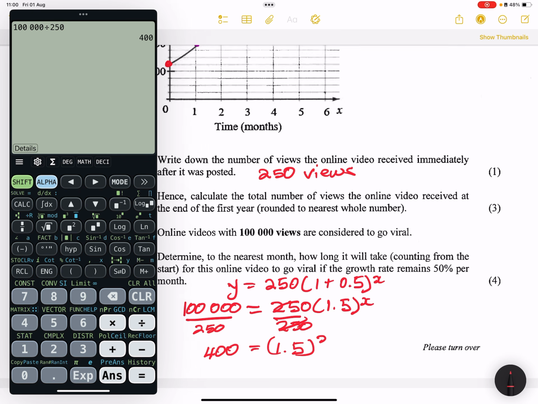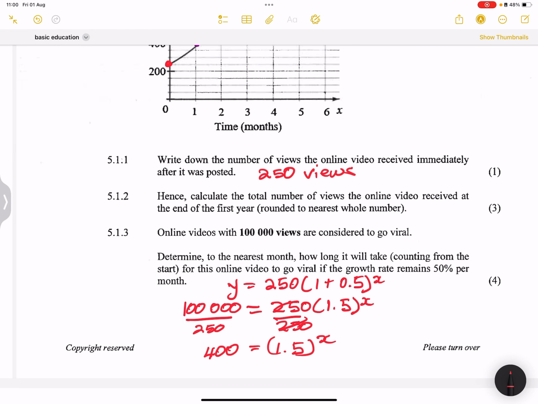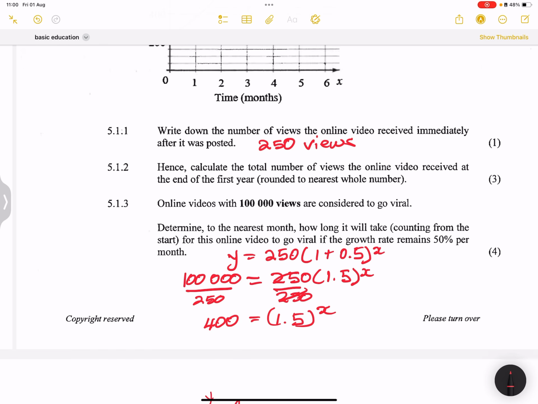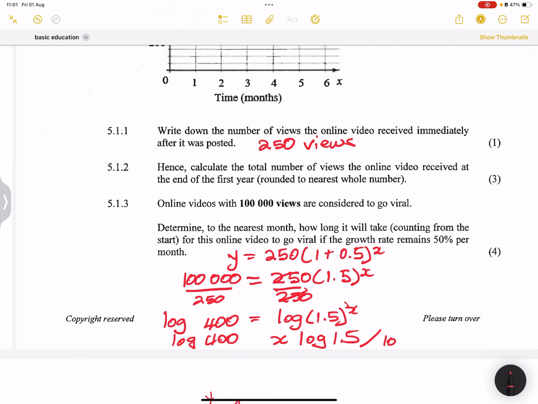If I want to find out what the value of x is, what am I going to do? Introduce logs on both sides. So the log of 400 is equal to the log of 1.5 to the exponent of x. Now, by the law of logs, we drop the exponent. So that's x log of 1.5 equals log of 400. And so I'm going to divide both sides by log of 1.5. What I do on the right, I do on the left.